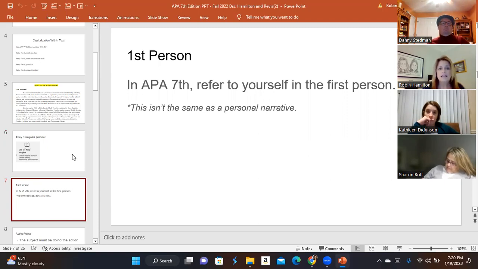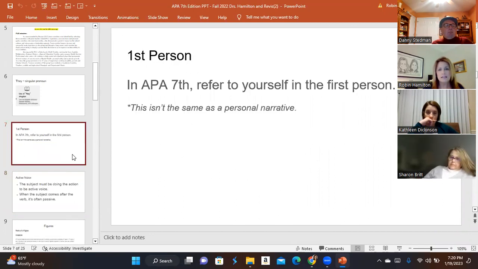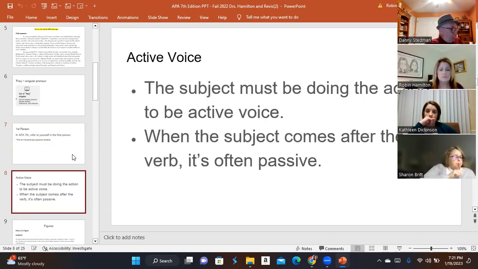You don't want to say, in my school, our PLCs are from 10 o'clock to 11 o'clock every day, and we don't have any kind of structure. This is not a personal narrative. This is just referring to yourself in first person. So you would not say the candidate researched, which is what we used to do in APA 6. You may still see some of that in our materials that we may have overlooked and missed, but you do refer to yourself in first person.